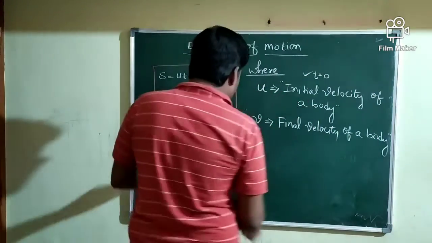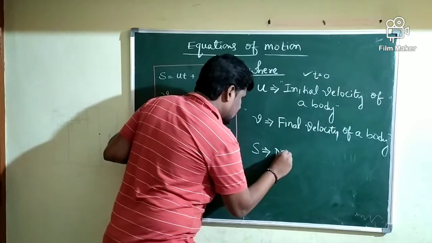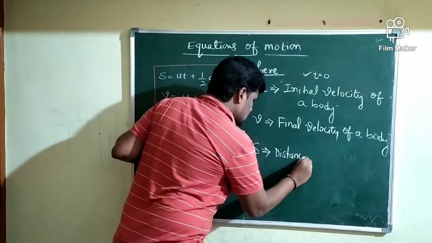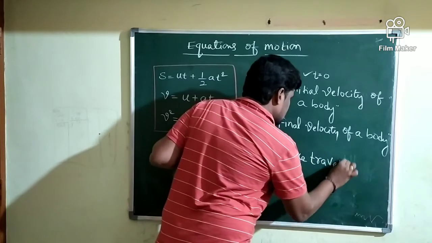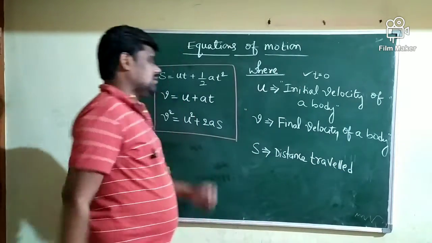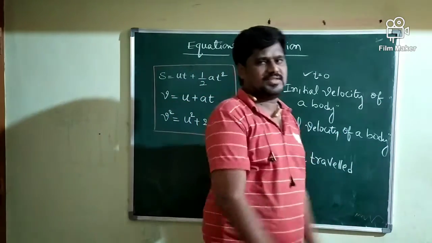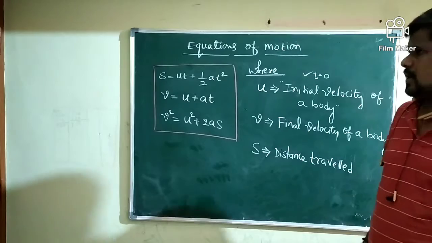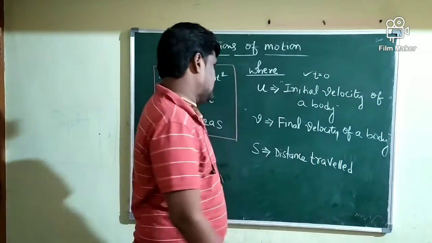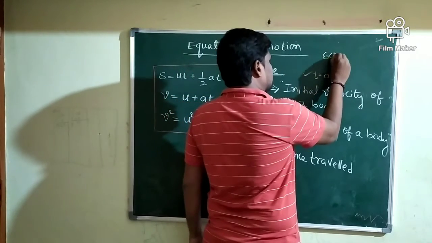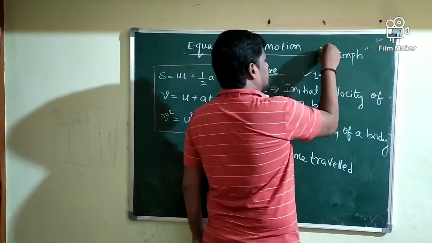Then what is s here? s stands for distance traveled by a body. During the motion of a body, you know very well it is going to cover some distance. For example, a car is moving with a speed of 60 kmph, that is 60 km per hour.